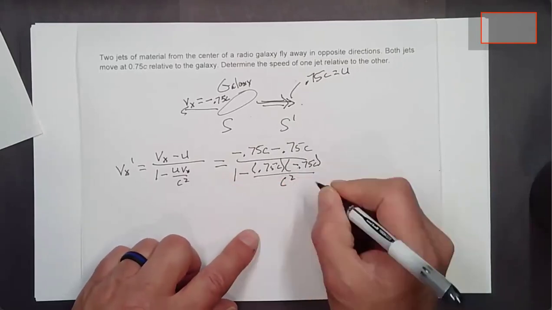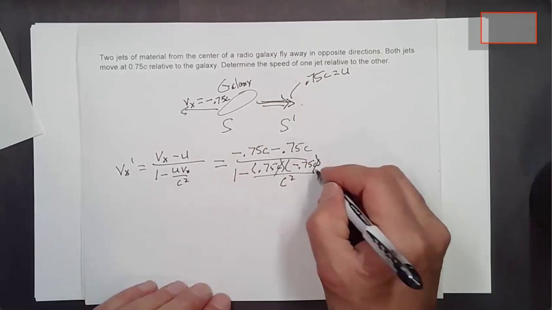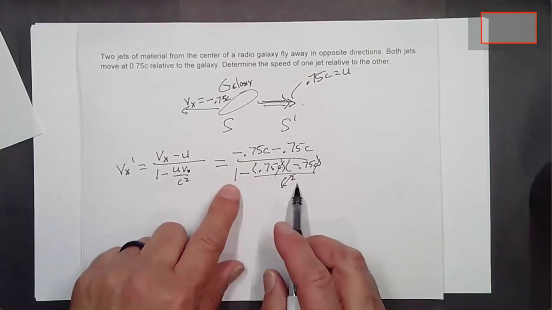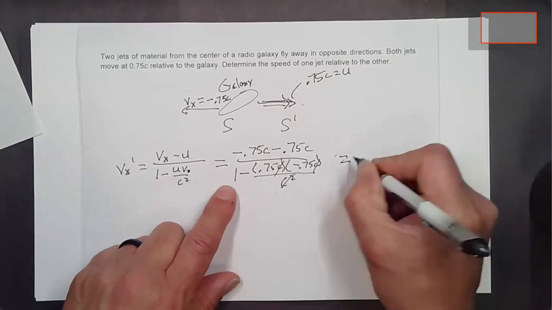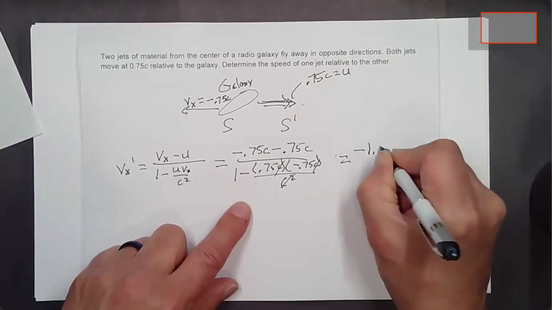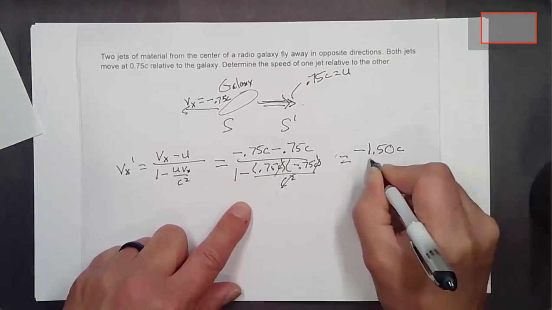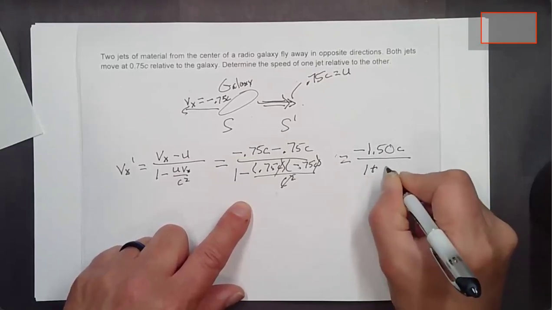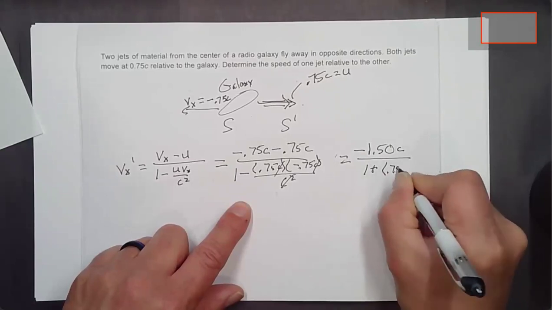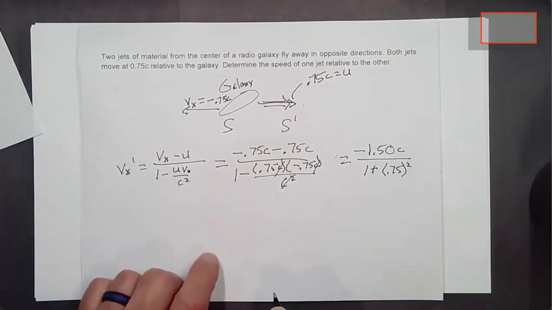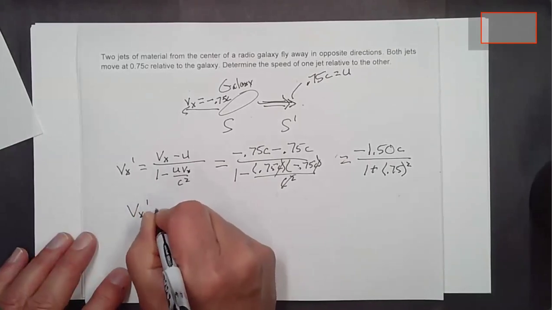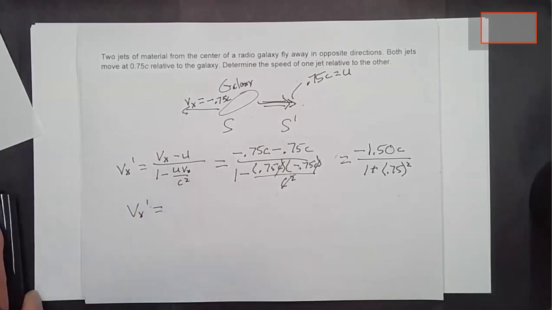And on the bottom, I've got c squared. So the c's divide out, as they will, as long as we determine these speeds with respect to the speed of light. And I'll have minus 1.50 c divided by 1 plus 0.75 squared. So let's figure out what's the speed of one of those. And we'll stop after this one. V sub x prime.